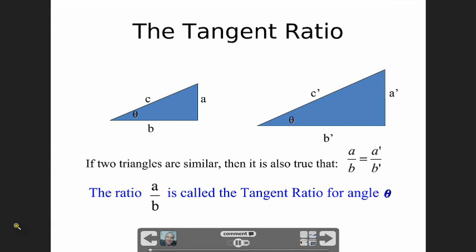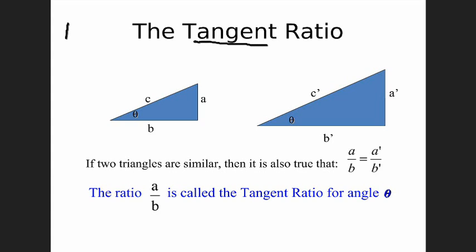Well, this is what it means. And this happens to be using the tangent ratio. The tangent ratio says tangent is equal to the opposite over the adjacent.